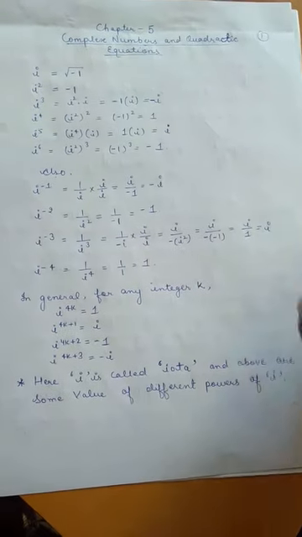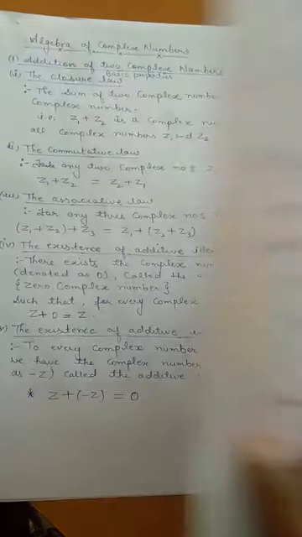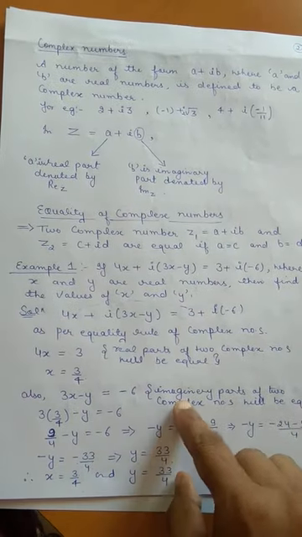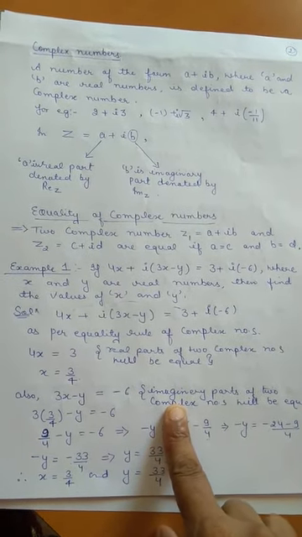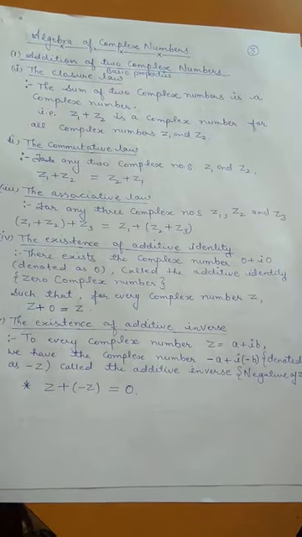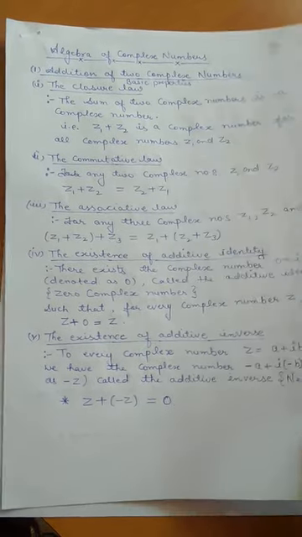Once again I will tell you what all things we have done. Firstly, we have done these basic values which you have to learn. Then I told you the definition of complex number and an example of how to find unknown values when two complex numbers are given to be equal. After this I told you the algebra of complex numbers, these basic properties.